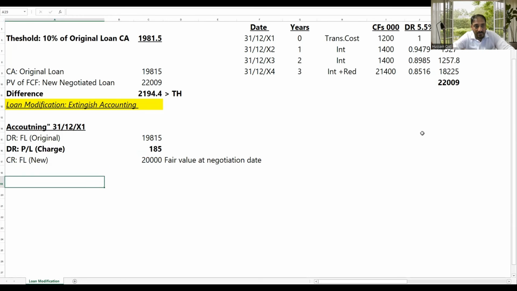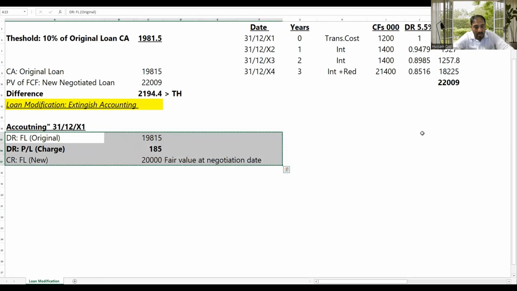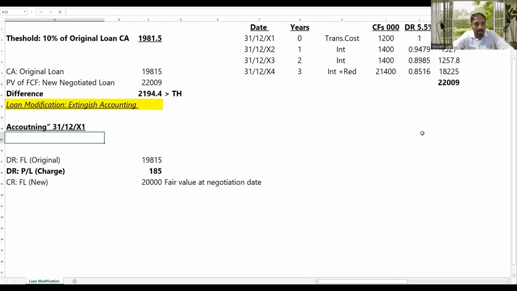Sir, what is this called? Loan extinguishment. Sir, what about the transaction cost?